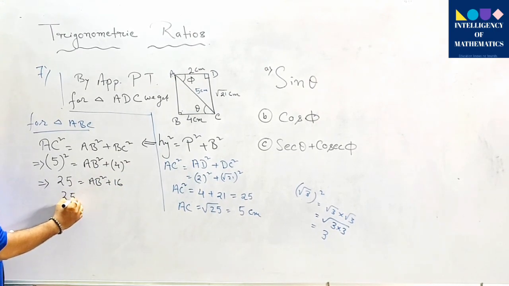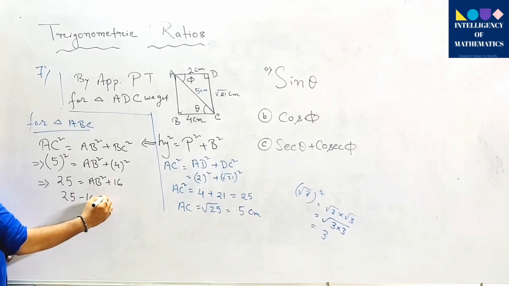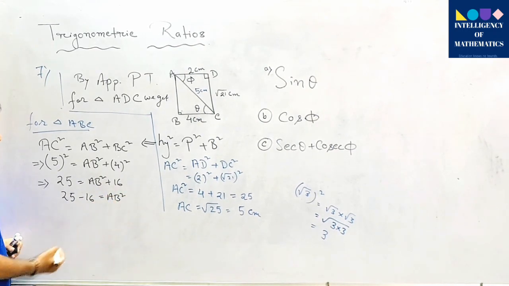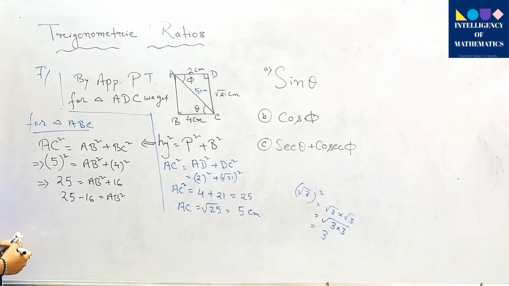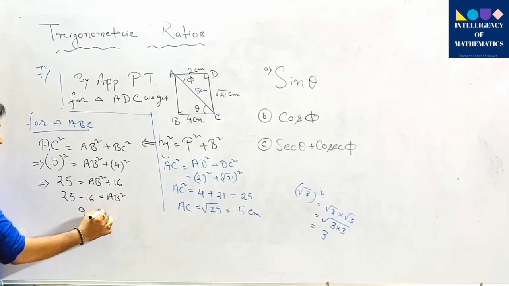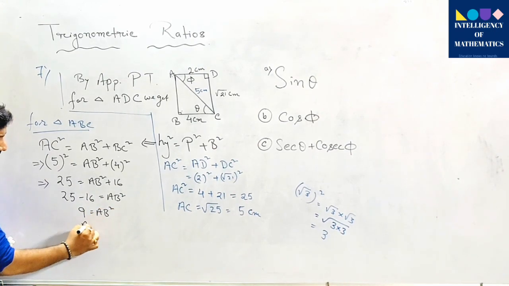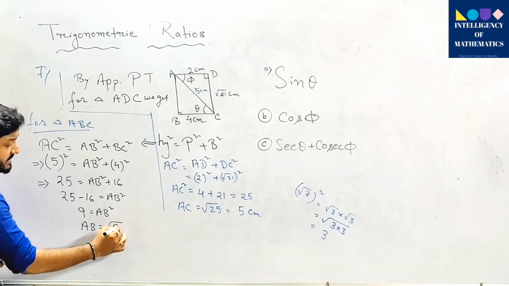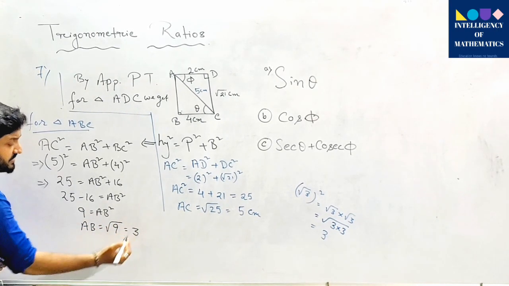So 25, 16 will be shifted. We're getting it here: 25 minus 16, that is 9. So AB's value will be root over 9, and root over 9 will be 3.